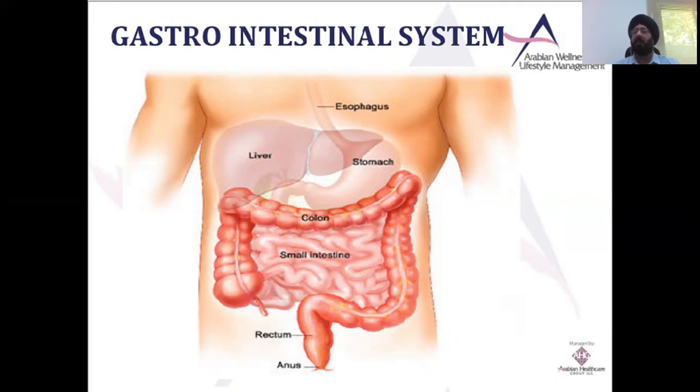Once the food passes to the small intestine, it starts its role of further digestion as well as absorption. The small intestine has three basic sections: the duodenum, which is immediately connected to the stomach, then the jejunum, which is the longest part of the small intestine, and the ileum, which connects to the large intestine.